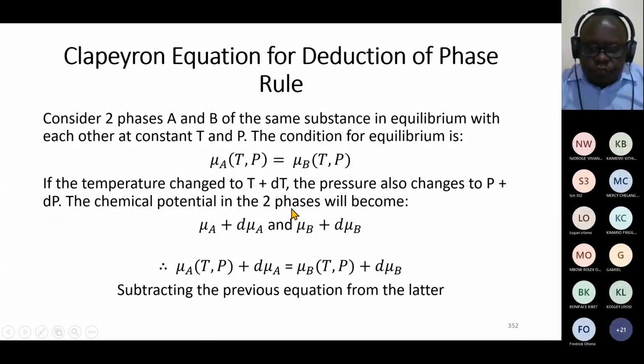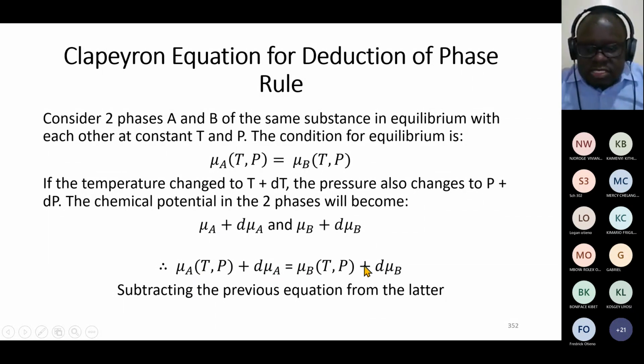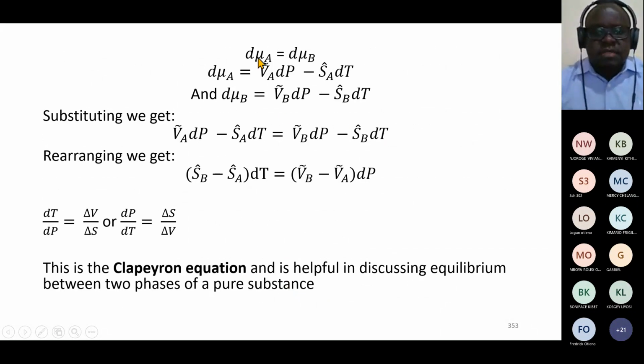The chemical potential in the two phases is going to become mu A plus d mu A and mu B plus d mu B. So we can say for equilibrium that mu A plus d mu A equals mu B plus d mu B. If we subtract the first equation from this second equation, we get that d mu A equals d mu B.